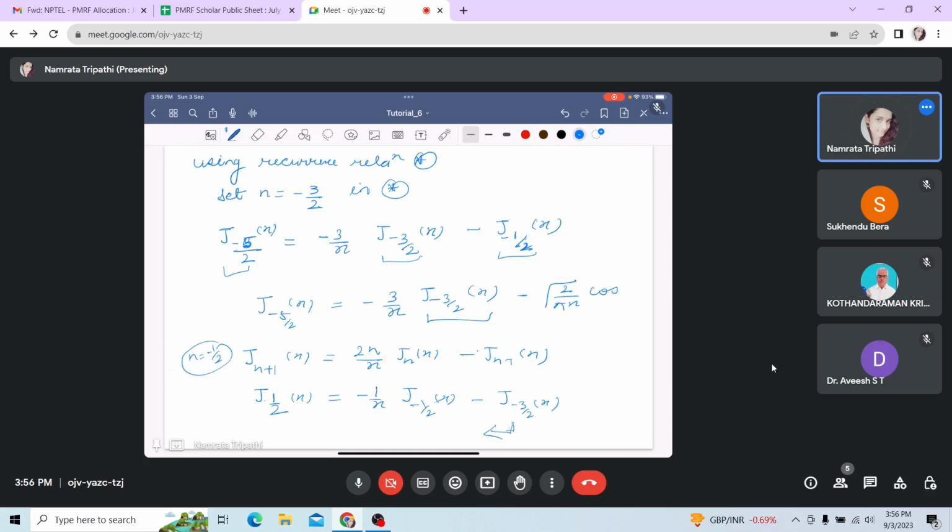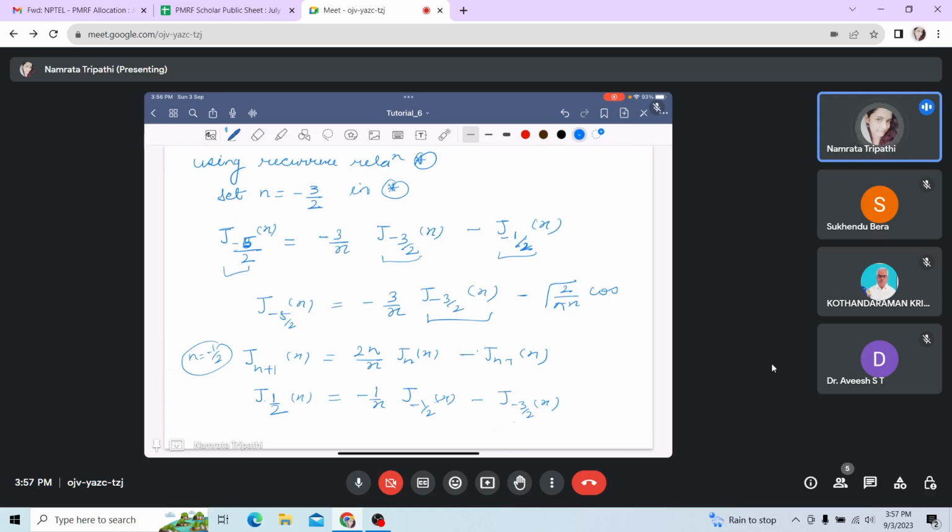So you have to calculate this. So what will be the value of this, z minus 3 by 2?